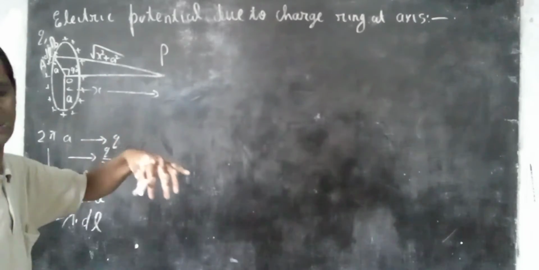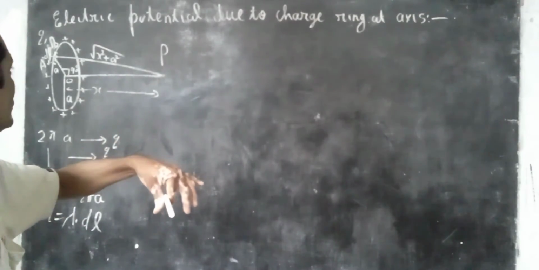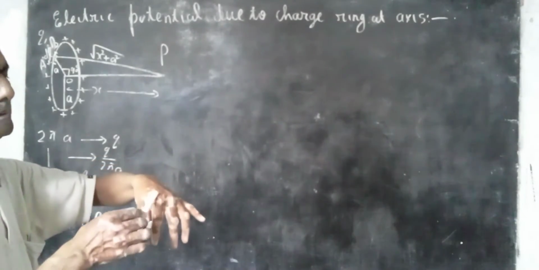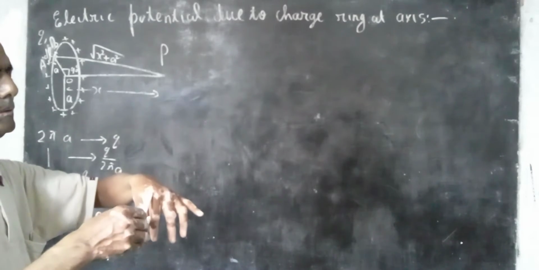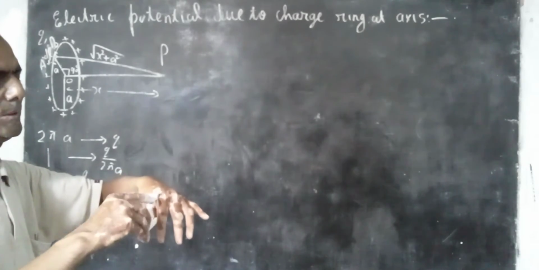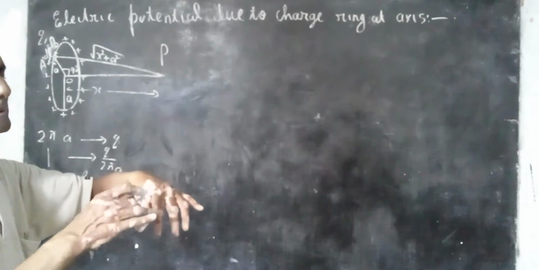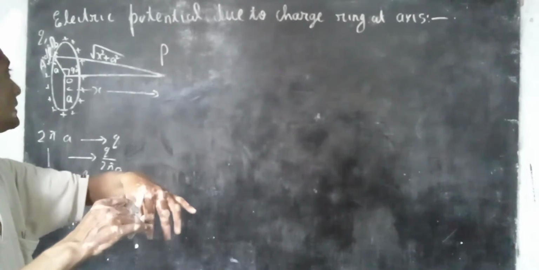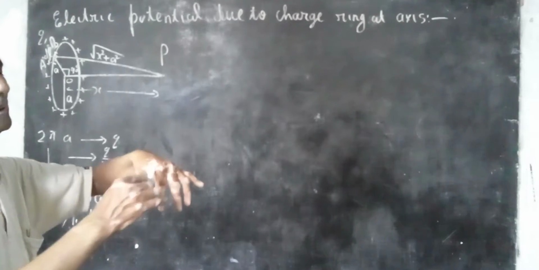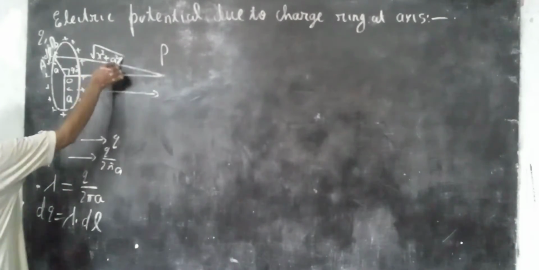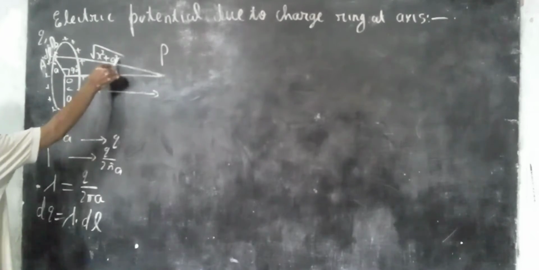This length becomes the hypotenuse for the radius and x. So this length will be equal to root of x square plus a square.